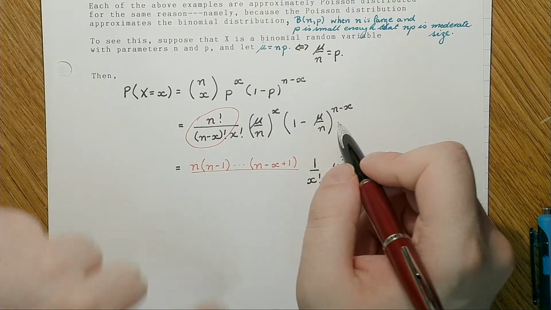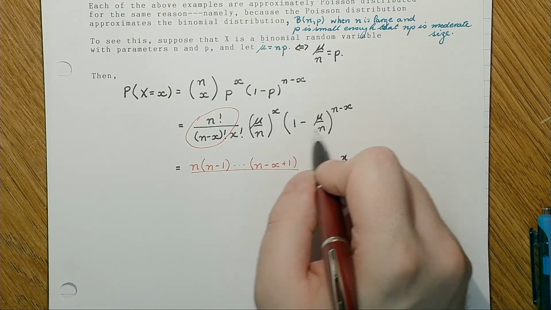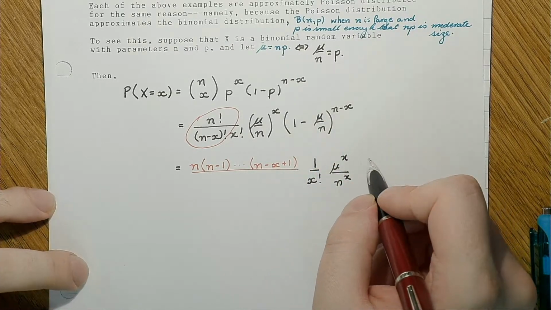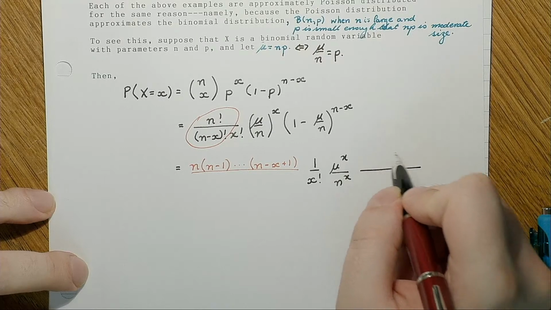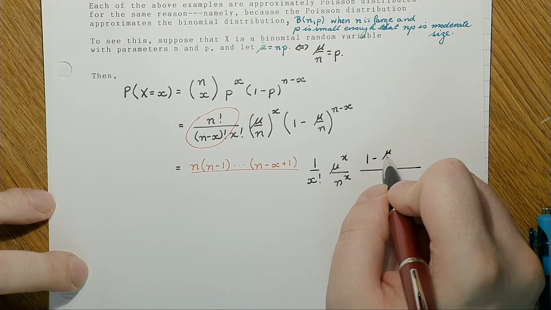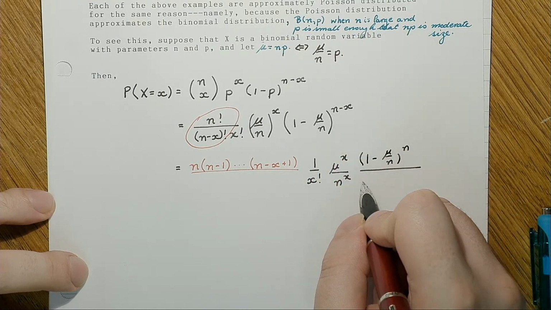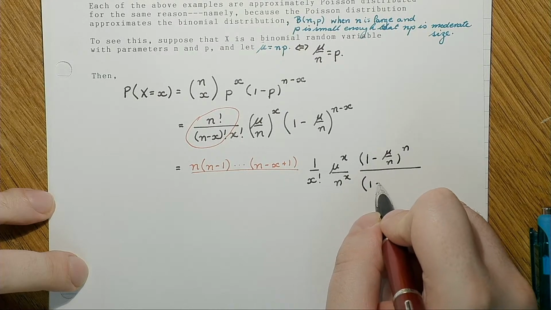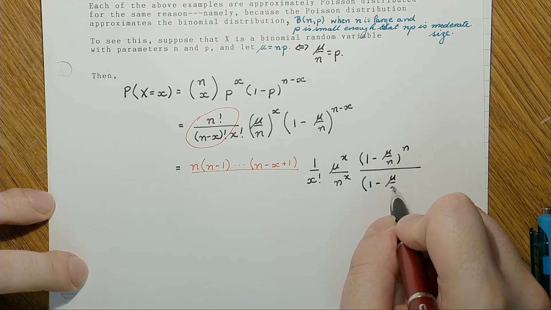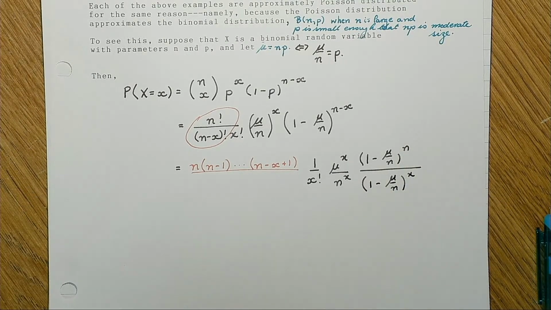And I can actually write n minus x using my exponent rules, so that I can have 1 minus mu over n to the n, and down in the denominator, I can have 1 minus mu over n to the x.